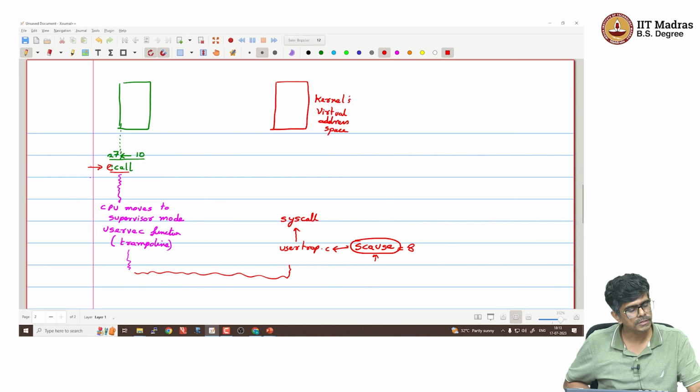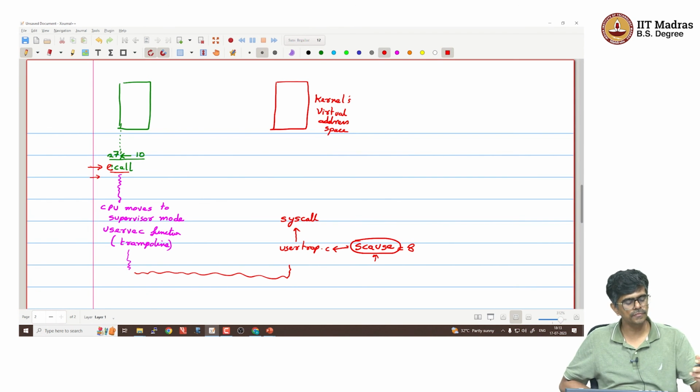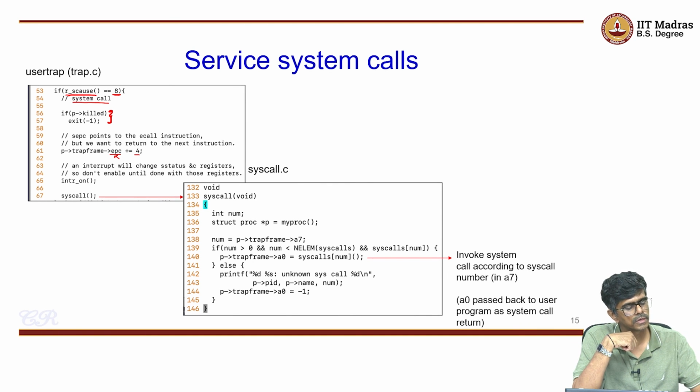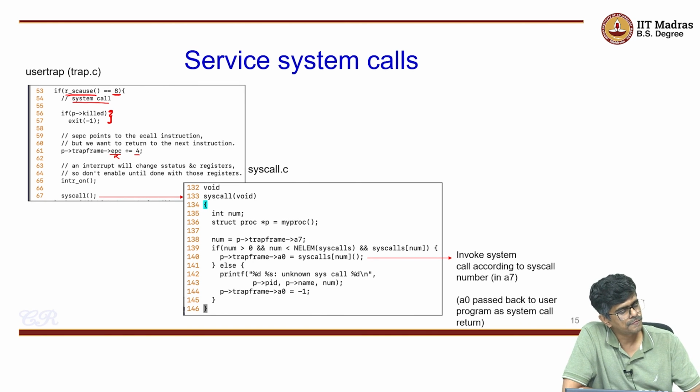Incrementing by 4 means it points to the next instruction following the ecall, and after the system call completes its execution, this EPC is going to be restored back into the program counter, permitting the instruction following the ecall to execute. And finally, since we know that the cause is 8, we invoke syscall.